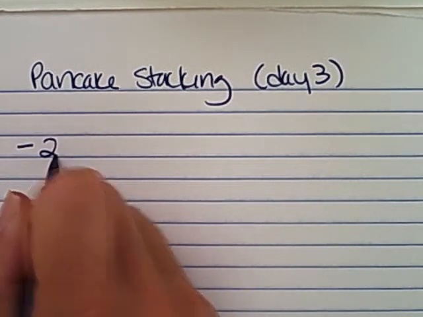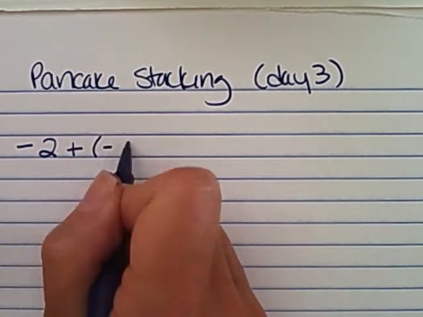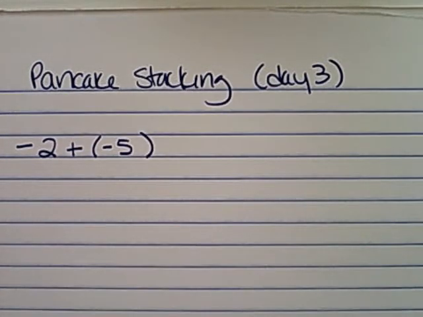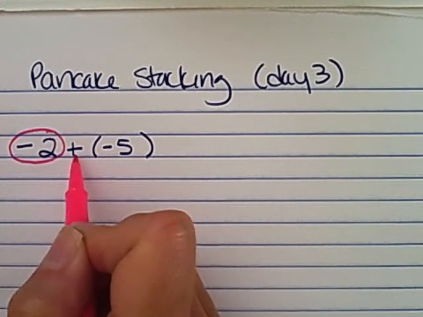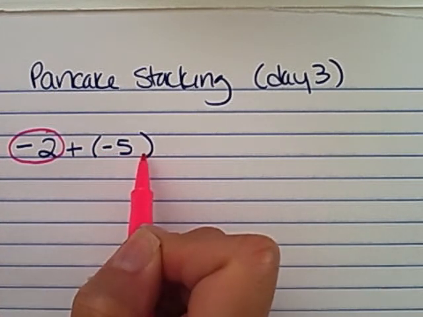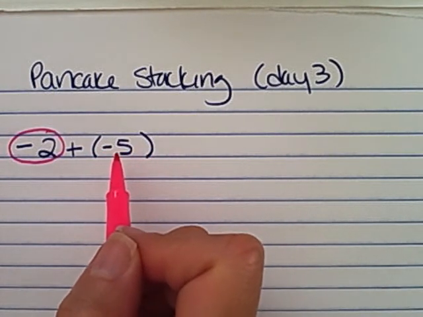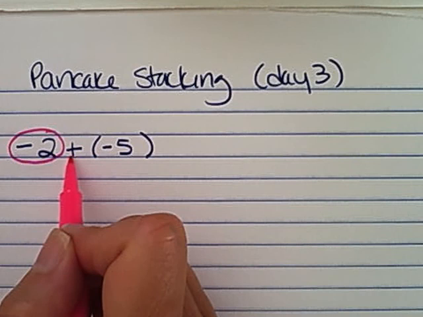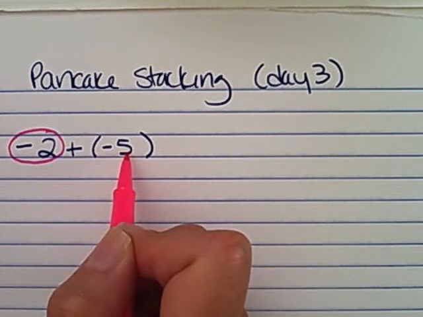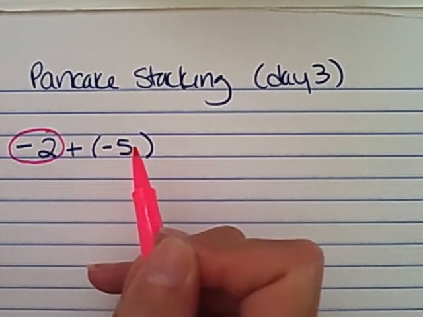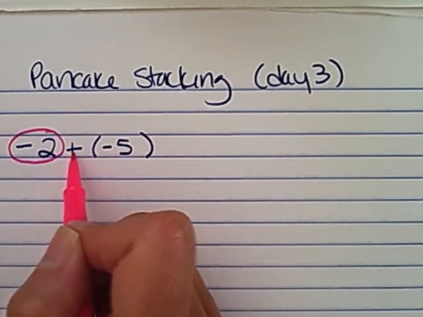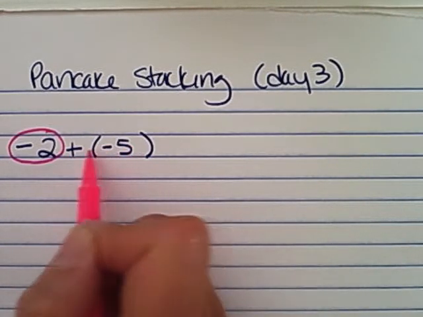Negative 2 plus, and then in parentheses, negative 5. When you see that, you can see that this is a negative 2 out in front. But then I have plus negative 5. So what does that mean? Well, plus negative 5 just means minus 5 or negative 5, because a positive and a negative, just keep it negative.